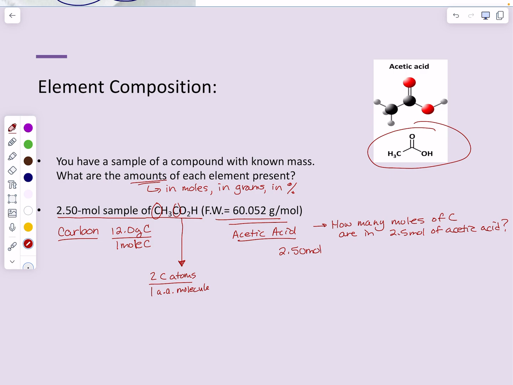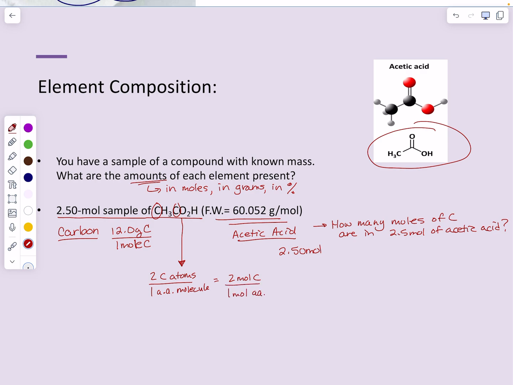That means if I have 2 atoms per 1 molecule, I have 2 moles of carbon per 1 mole of acetic acid. Are we good with that? 2 moles carbon per 1 mole acetic acid.